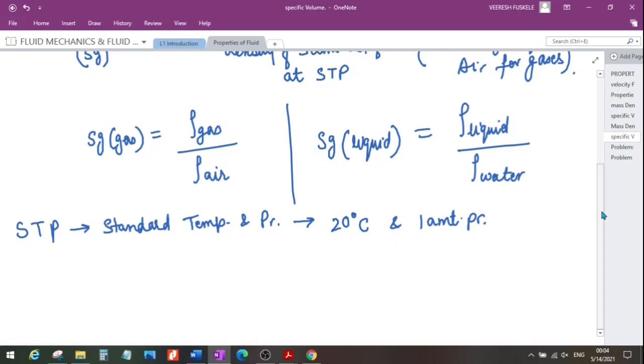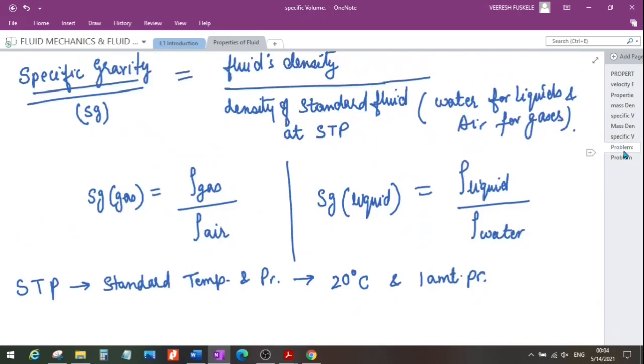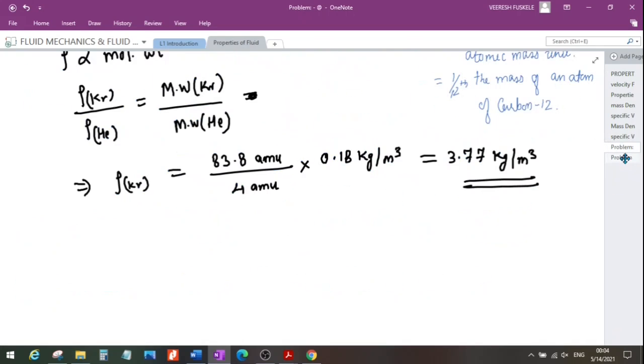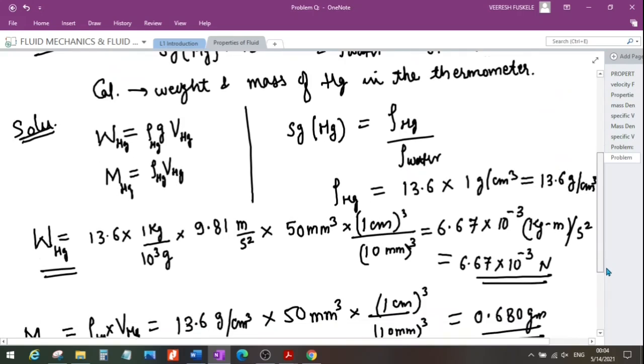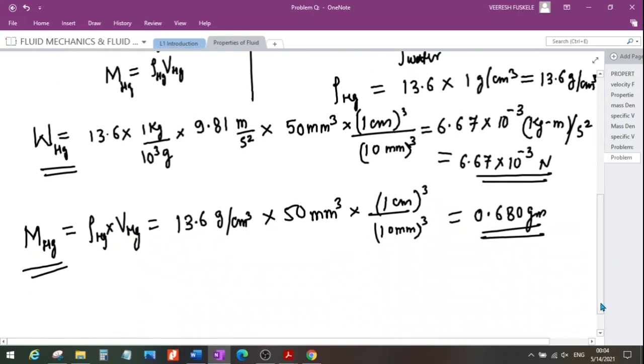And we also solved 2-3 problems related to these properties. So I hope you have understood the basic properties. Next we will see the other properties like viscosity and all. So this is all for today. Thank you very much.